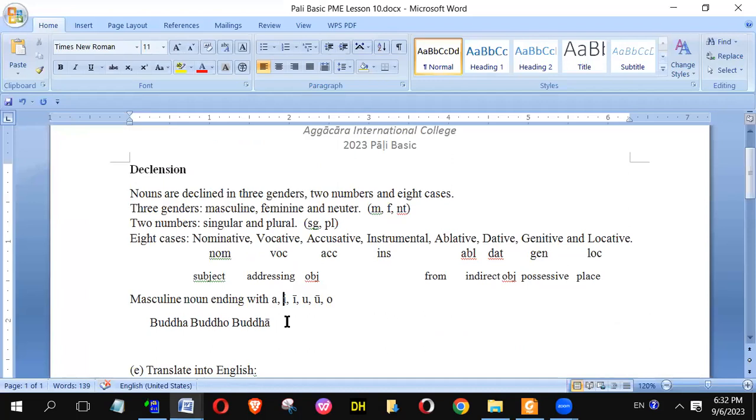So masculine nouns ending with a, i, u, o are called final vowel nouns. Now we see this difference.